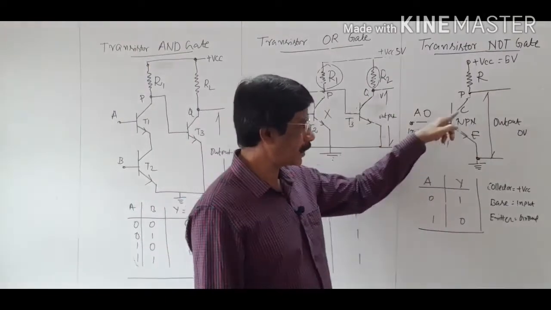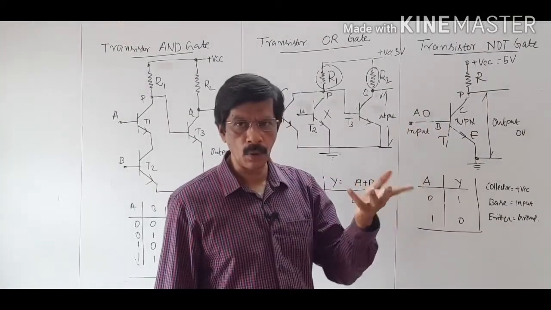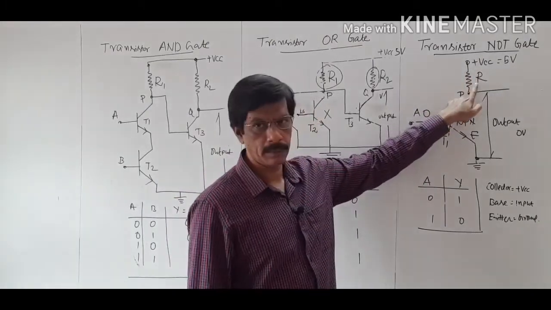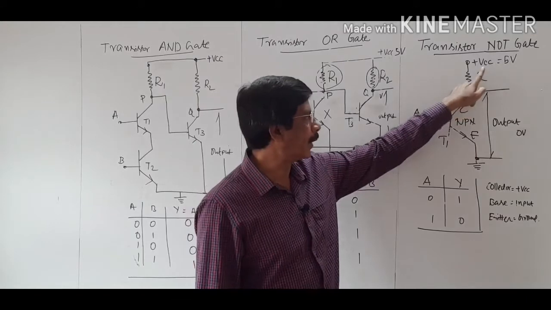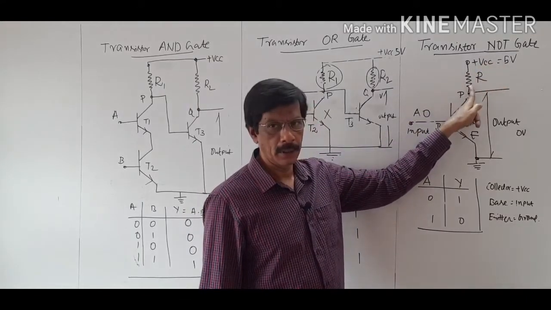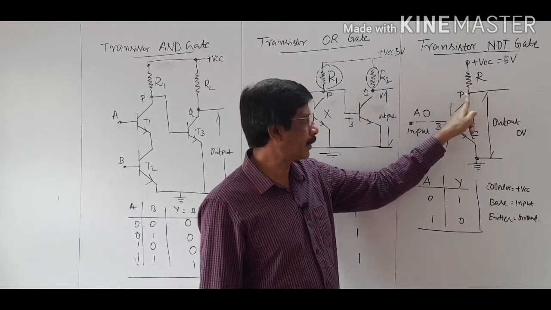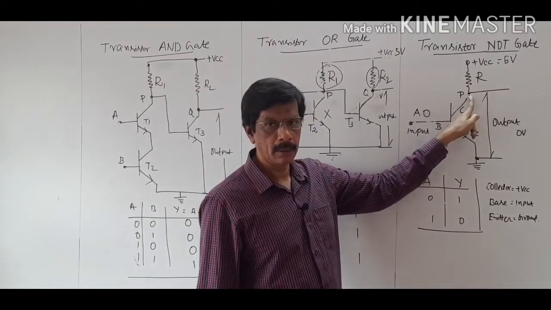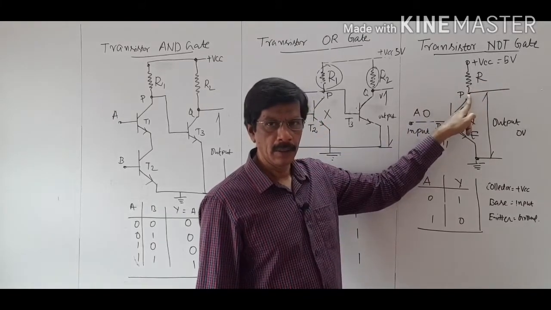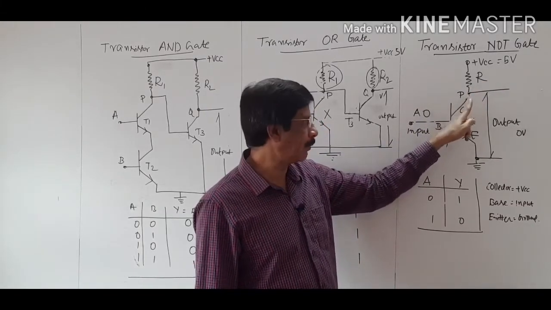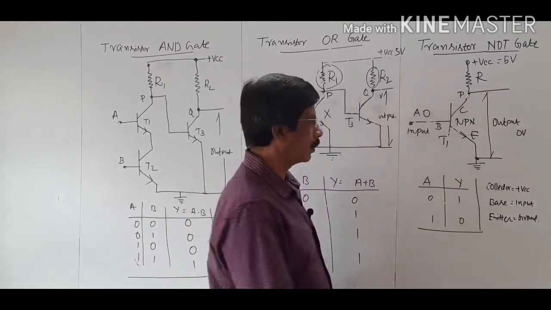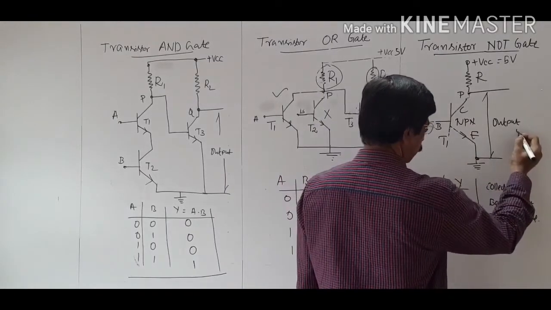When the transistor is in the off state, no current generation, no drop across capital R. Therefore, the applied voltage plus 5 volt passes through the resistor and that volt exists at the point capital P. So, almost 5 volt is exists at the point capital P. When you measure voltage between capital P with respect to ground, it is high, nearly 5 volt.